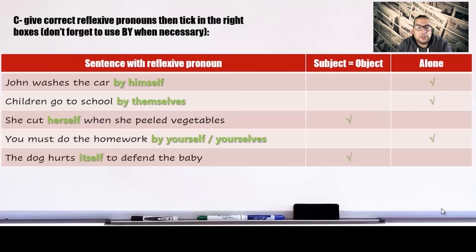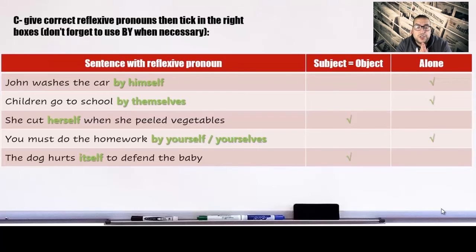Now, she cut herself when she peeled vegetables. Again, it's the same person who does the action and the same person to whom the action was done. So she cut who? She cut she. She cut herself. So it means subject equals object.